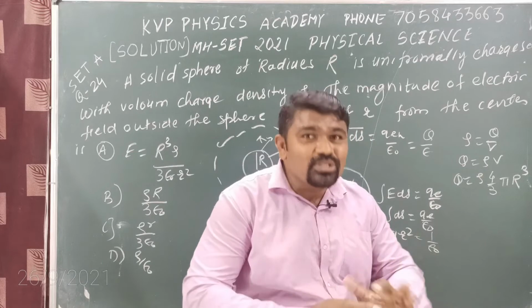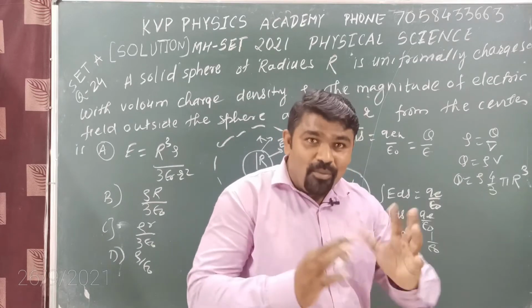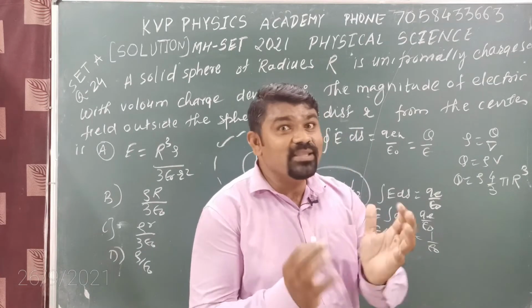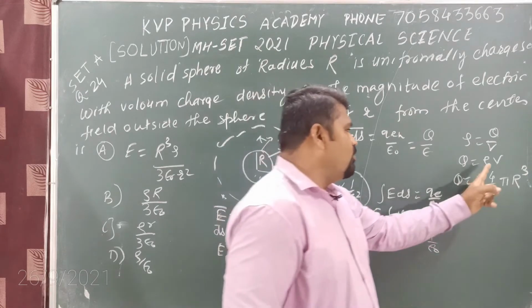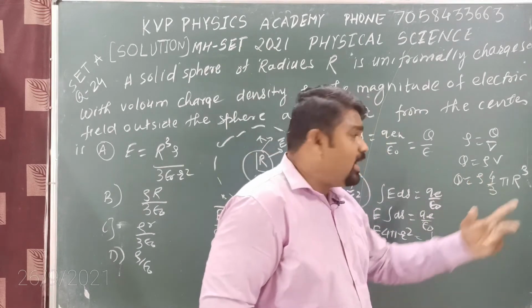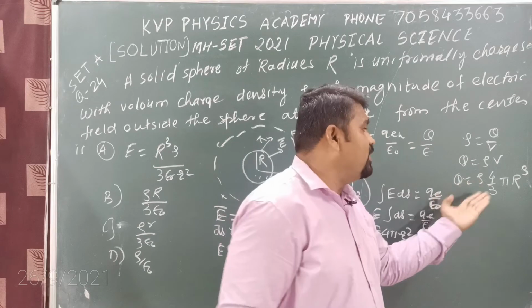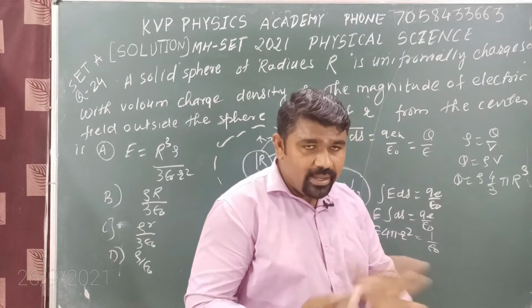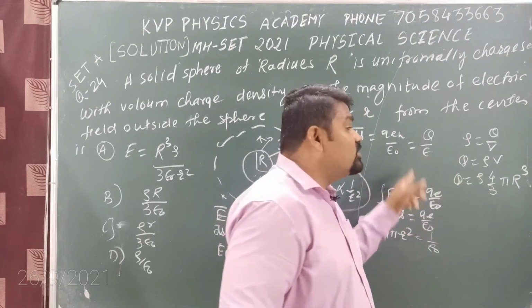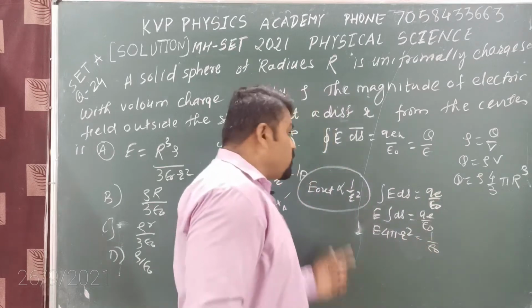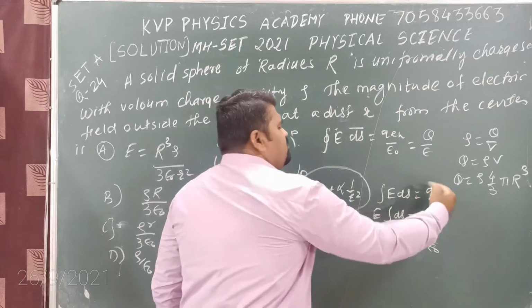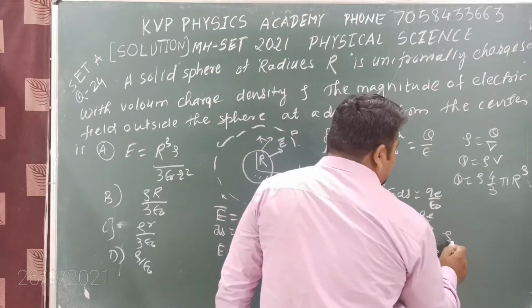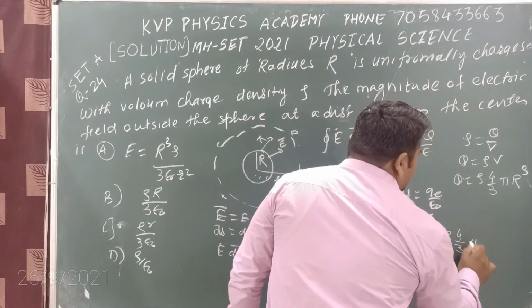How much charge is enclosed? The total charge. For a body of radius capital R, the body volume is 4 by 3 pi R cube, so q is simply rho into V. We cannot take an integration because the whole charge is enclosed by this Gaussian. Substituting, q is rho into 4 by 3 pi R cube.